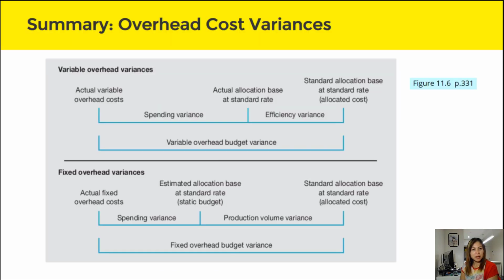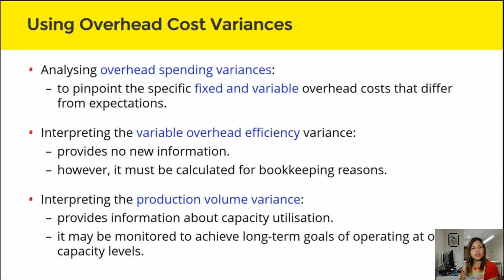Here is another summary of the concept behind overhead cost variance analysis from your textbook. How do we use this information? The spending variance is helpful because it gives us information to highlight which specific fixed and variable overhead costs are different from what we budgeted, what we expected to incur.